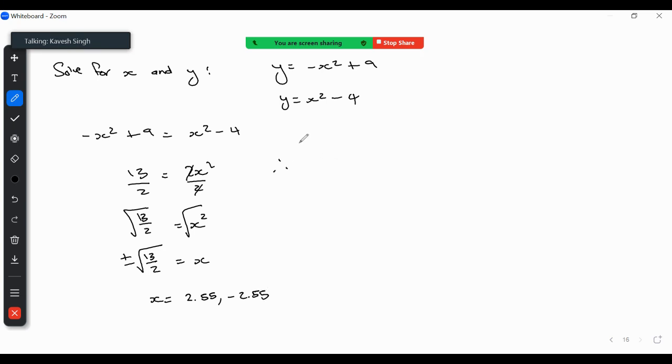And so y will equal, for this, 2.55 squared minus 4. If you put a plus or a minus, you'll get the same answer. 2.55 squared minus 4 is 2.5.